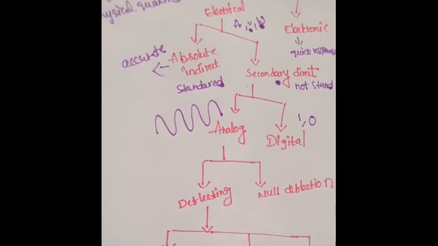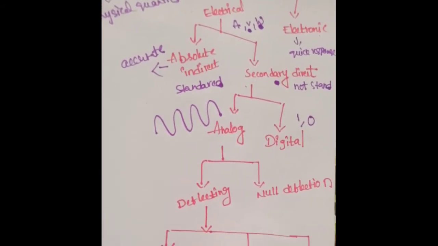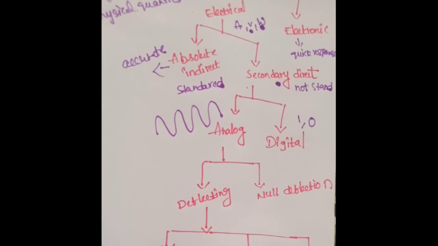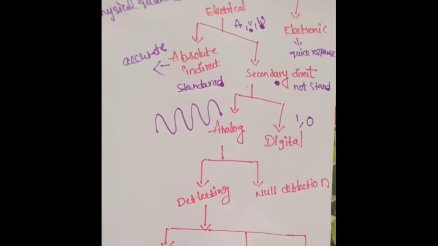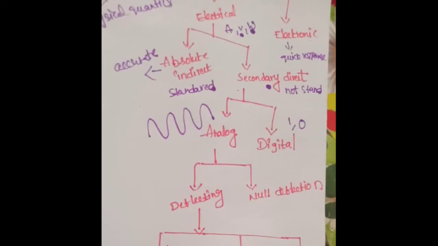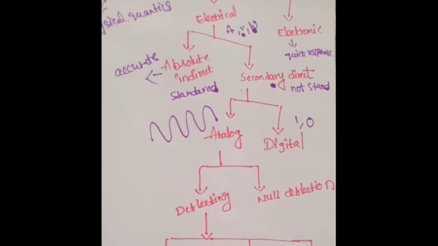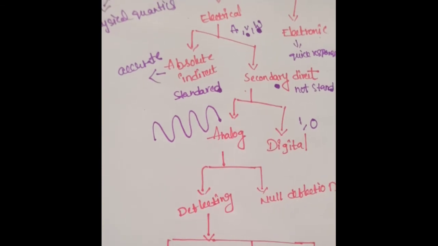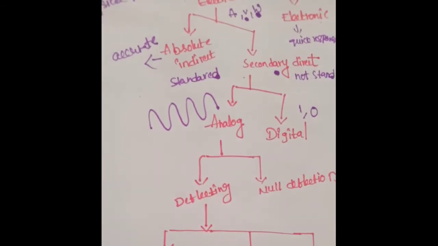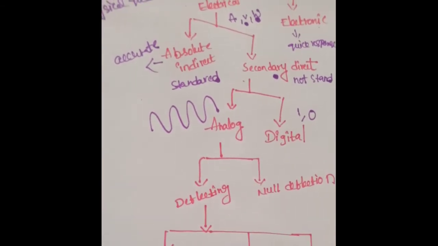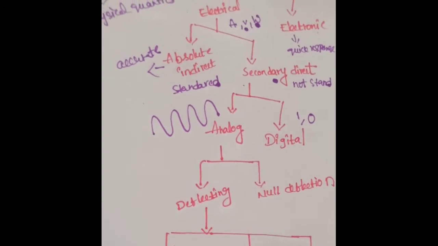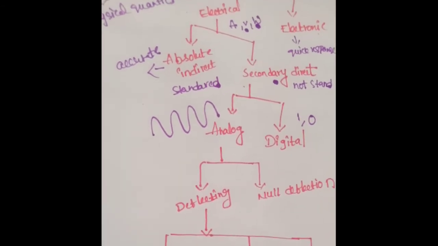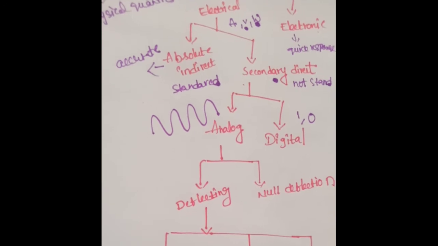The best examples of indicating instruments are voltmeter, ohmmeter, ammeter, etc. Coming to the integrating instruments, the instrument which measures the total energy supplied over a particular interval of time is known as an integrating instrument.